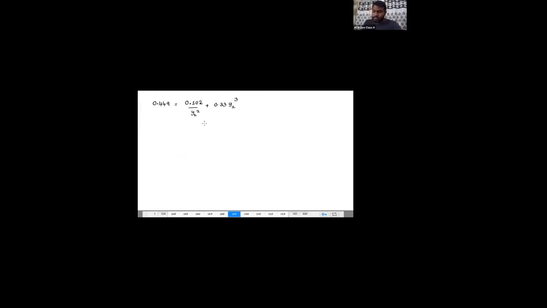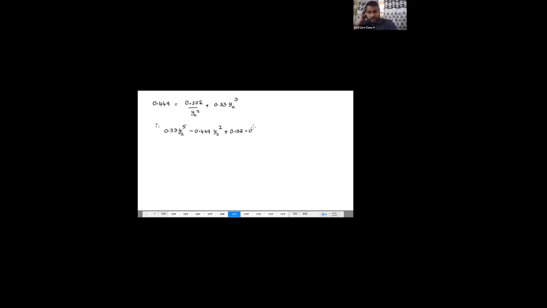Now if you resolve this and send this equation to the other side, it is going to be Y to the power of 5. So 0.33 Y2 to the power of 5 minus 0.449 Y2 square plus 0.102 is equal to 0.